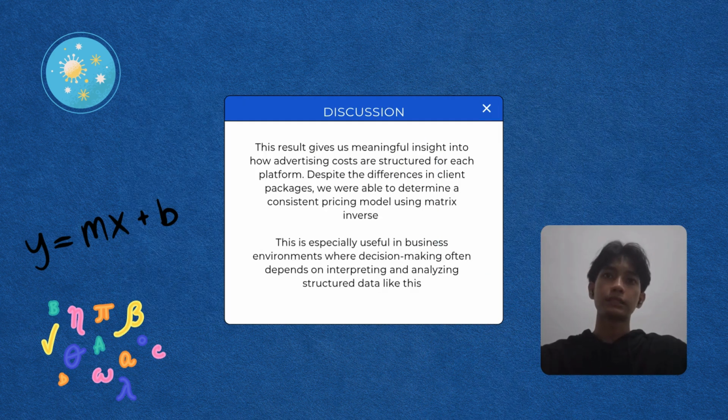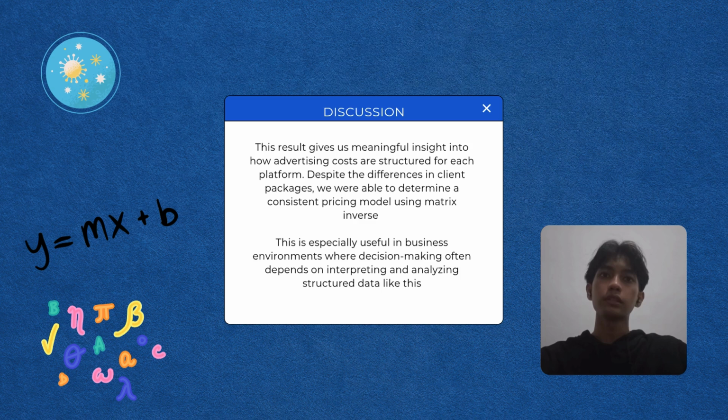This result gives us meaningful insight into how advertising costs are structured for each platform. Despite the differences in client packages, we were able to determine a consistent pricing model using the matrix inverse. The method we use, specifically Gauss-Jordan elimination to obtain the inverse, is reliable and accurate.